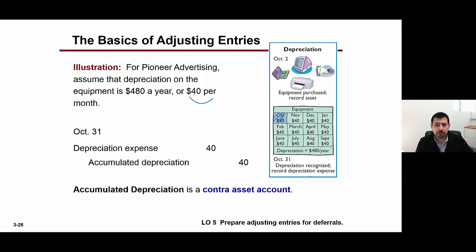This enables companies to keep track of the total amount of depreciation taken over the life of the asset. So it shows the original cost, that would be the value of the equipment. This is the balance in the equipment account. And then it also shows how much expired to date. This is the accumulated depreciation.